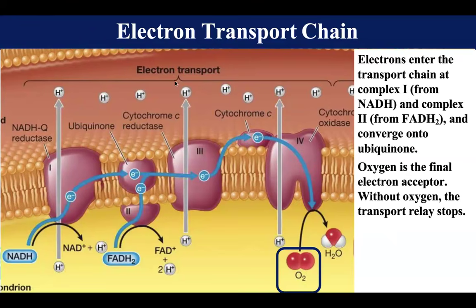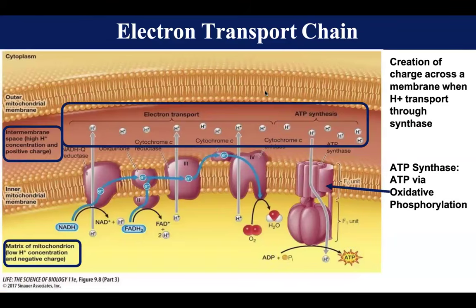Now you have a huge proton gradient here, and this creates an electrochemical charge across the membrane through H plus transport. In the inner membrane space, you have extremely high hydrogen ion concentration and extremely positive charge. However, in the actual matrix of the mitochondria, you have low hydrogen ion concentration and a negative charge.